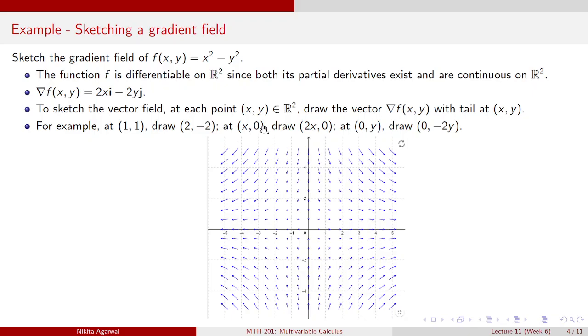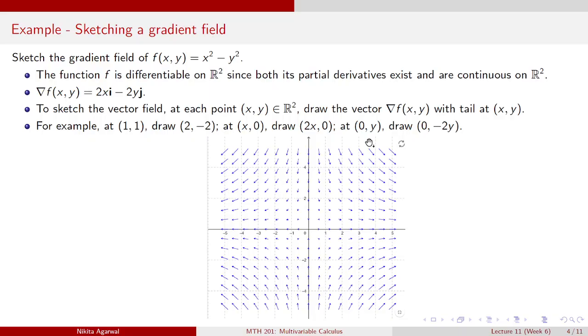So if you have a point x comma y, where is x comma y? It's on the x-axis. What is the gradient at the point x comma y? It's 2x comma y. So if you are in the positive x-axis, you will go in the positive direction. If you are in the negative x-axis, you will go in the negative x direction.